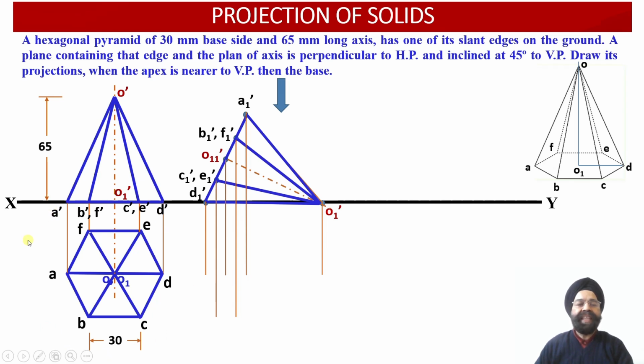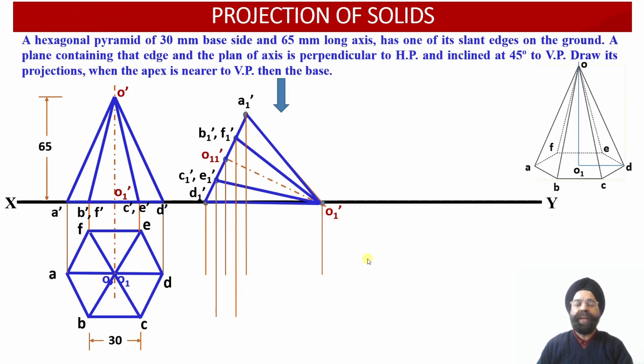These are the 8 points available with us. Through these 8 points we will draw the horizontal projector lines, and the intersection of these horizontal projector lines with the corresponding vertical projector lines will give us 8 points in the plan projection view.